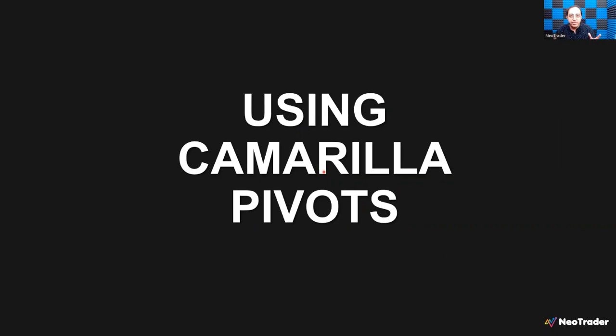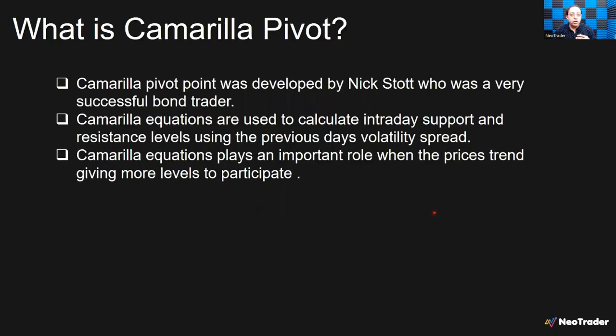There are two styles of pivoting. Now, if you want additional levels, they're always available with the Camarilla pivot. The Camarilla pivot is a fantastic way to trade the markets. It was a pivoting methodology developed by Nick Stott, who is a currency trader. He thought, why don't I develop certain other ways to generate more levels for us to participate?